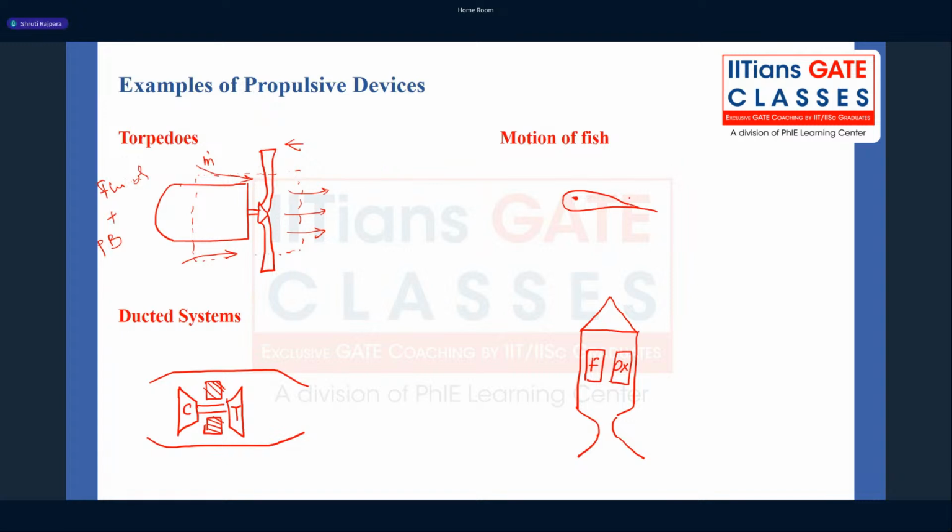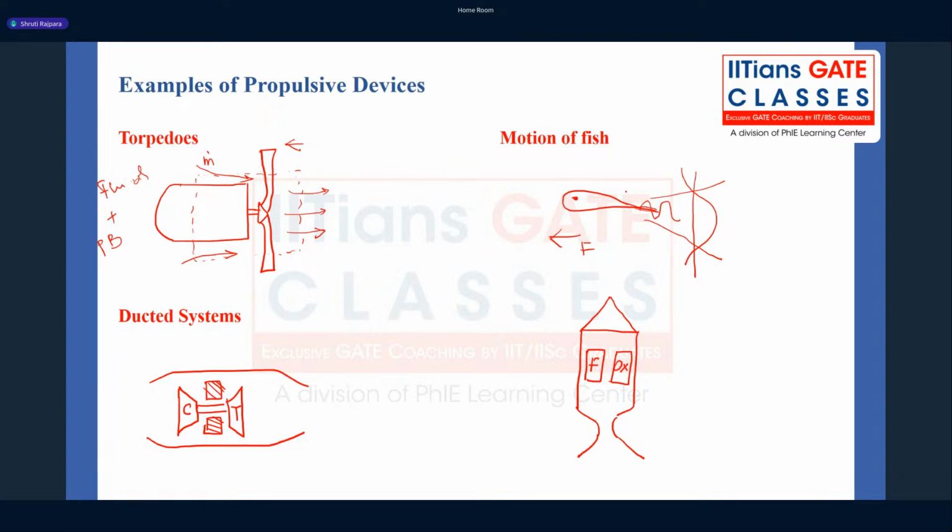Similarly, when we consider the motion of the fish, the motion of the tail of the fish will create a jet-like structure behind itself, and because of this jet formation, it is getting a forward motion. So it is similar to a torpedo, wherein a jet stream is created behind the fish due to its motion.